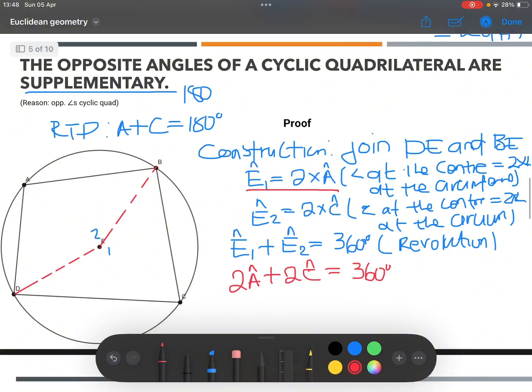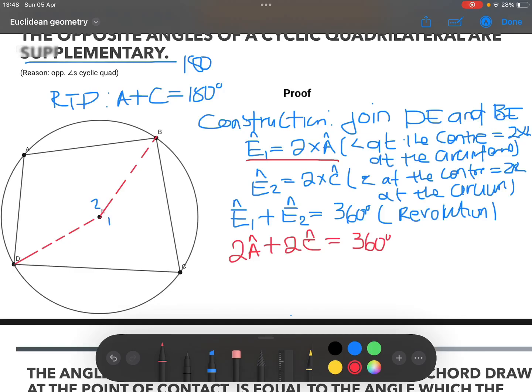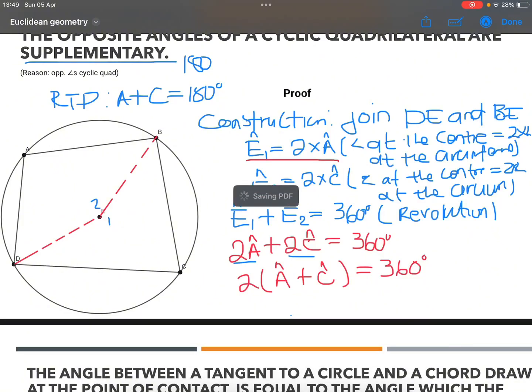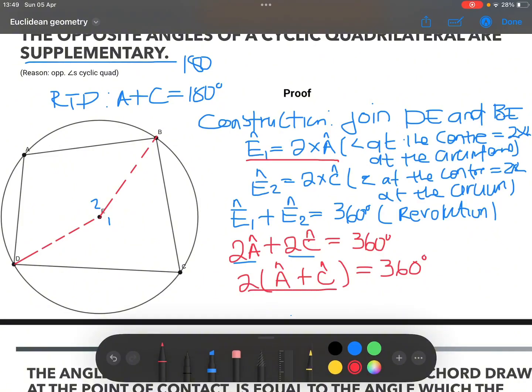Right? Then I have a common factor of 2. Let's take out the common factor. We're going to have 2 times angle A plus angle C, which is 360 degrees. Then we can divide both sides by 2. 2 divided by 2 will give us 1.